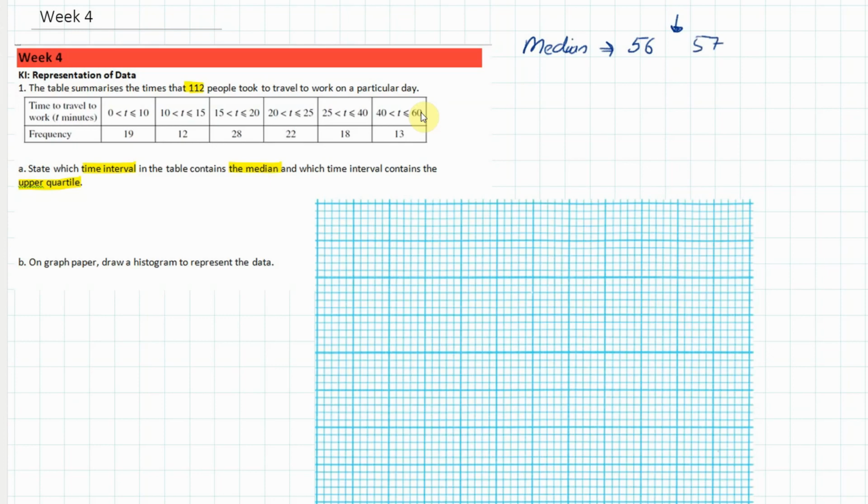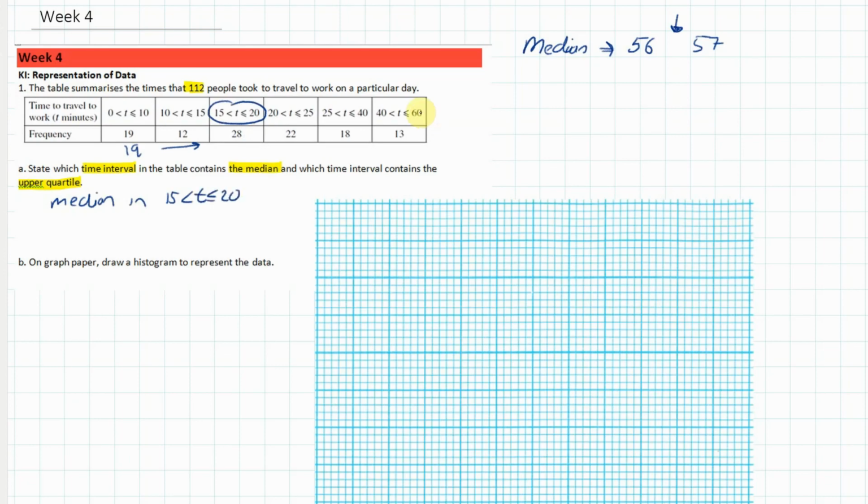So all you need to do now is go, alright, by the end of this, we've got 19, 29, 31, so it's going to be in this one here. So the median is in 15 is less than t is less than or equal to 20.